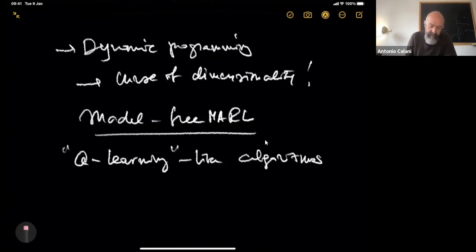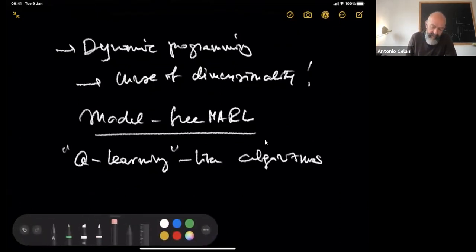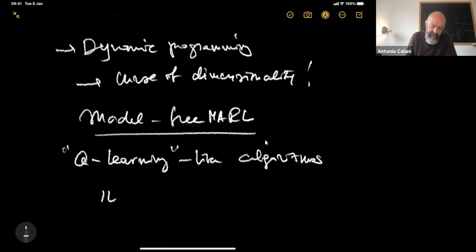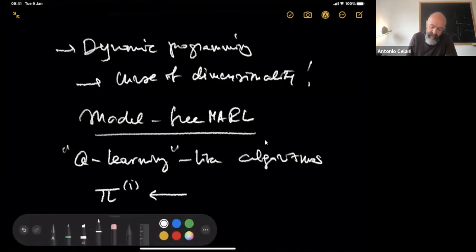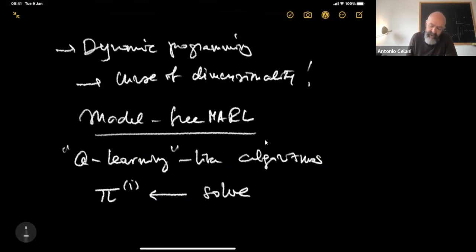As in Q-learning or SARSA, the policy for agent i is derived by some decision making, which can be abstractly written as an operation which says solve as a function of your Q values.